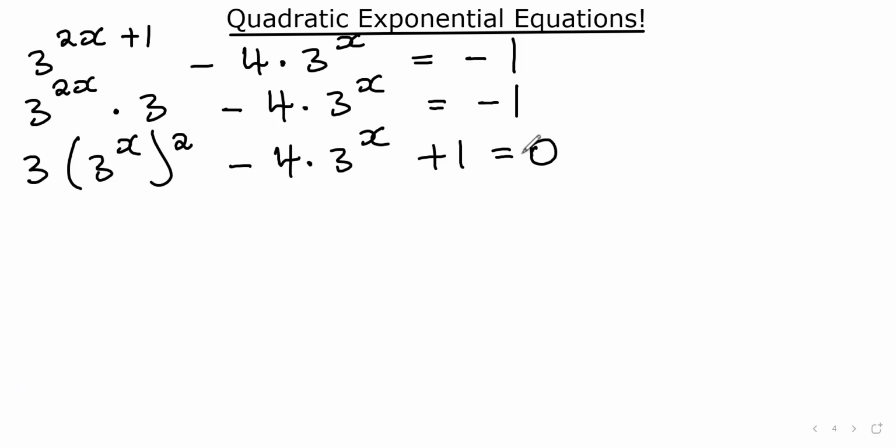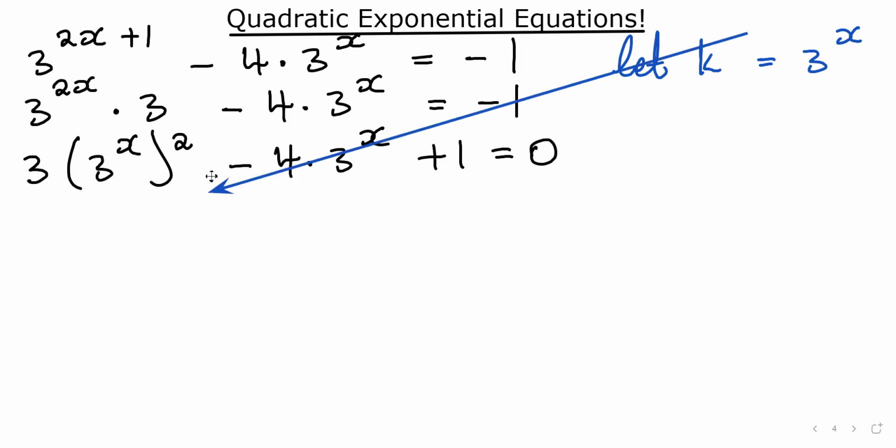Then I'm going to use the k substitution method. So I allow k to be 3 to the x. Of course, you don't write this aside. You have to write it directly below there. The reason why I'm writing it there is just due to space.